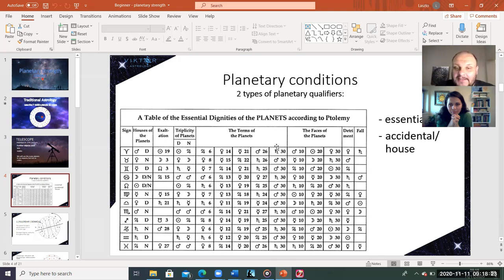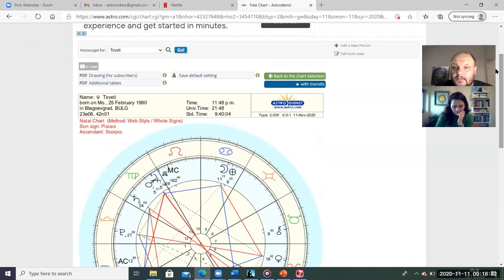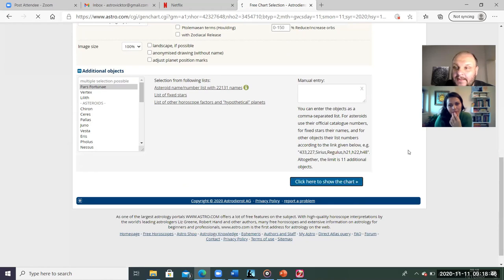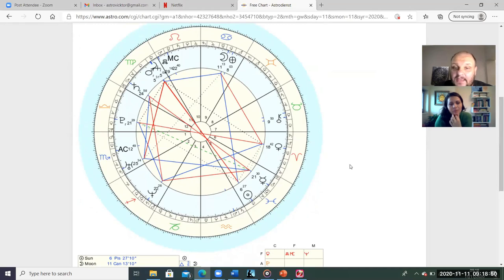Good. So let's have a look at terms. If you want to put the terms onto your astro.com chart, because I know not everyone has a professional program, basically you can just click on Egyptian terms in the display and calculation points. Then it's going to display to you, and you will be able to see, for instance, that Venus is in a Mercurian term.